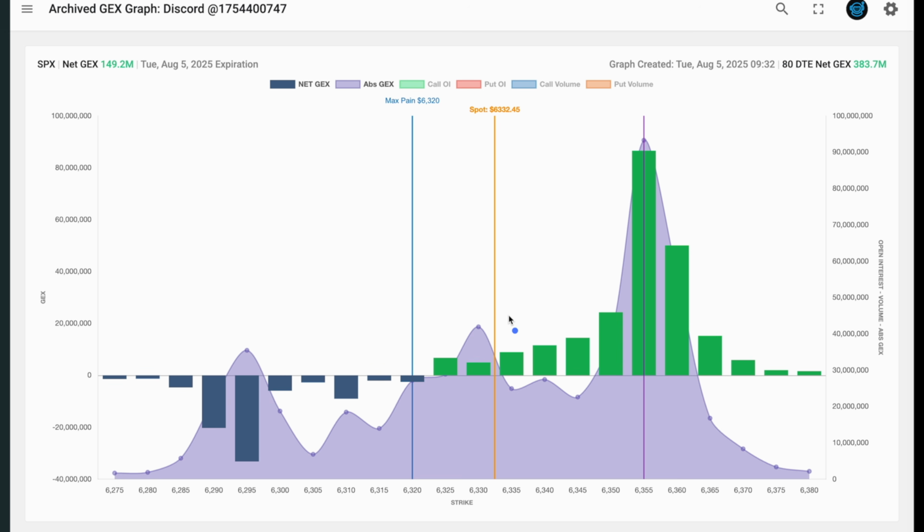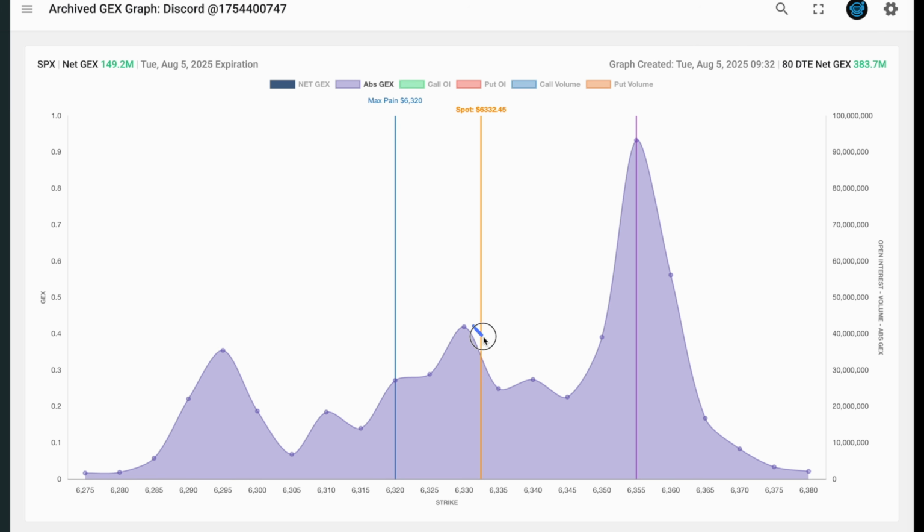Another simple way I like to think of this is, if this is price action here, price for the most part will move fluidly through these low absolute gamma strikes, and when it hits these high absolute gamma strikes, if it is going to continue higher, it has to work a little bit harder as it has to cross over this to continue up this way. So if price is here, it has to get over this little hump, and then it can continue down to this area here in which it has to work a little bit harder to get over this hump to continue in this direction.